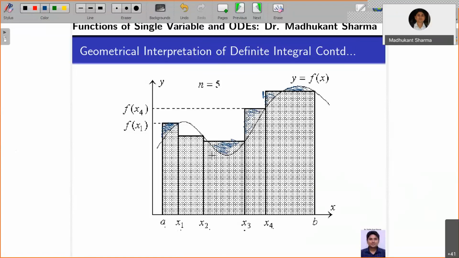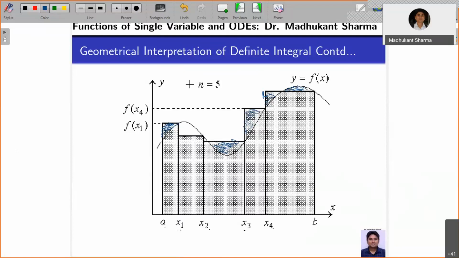So this is the error in this approximation of the actual area. Somewhere it is losing, somewhere it is gaining, so it may cancel for some part, but it may not cancel for other parts. So there will be an error.